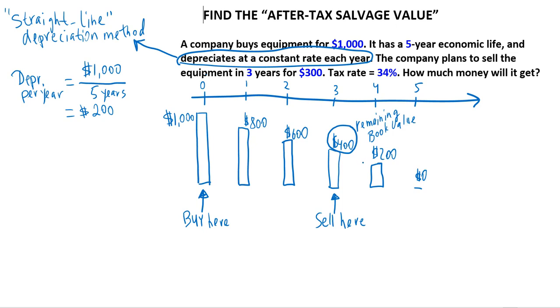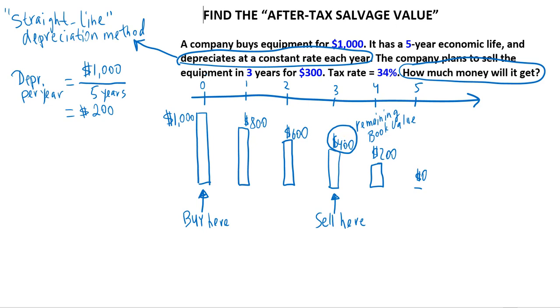And so now when we calculate the money that we get, we need to take this into account. When the question asks how much money the company gets, it may not be necessarily $300, which is what some buyer would be paying us. It could be a little bit more than that. It could be a little bit less than that, or exactly 300. It depends on the remaining book value.